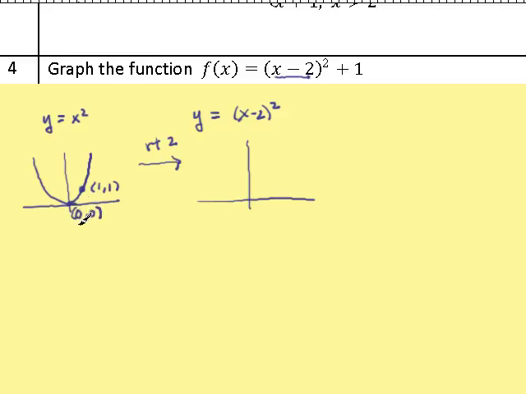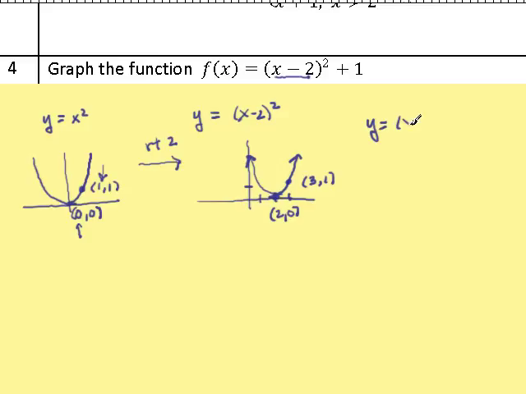That means we're adding 2 to these x coordinates. So 0, 0 goes to 2, 0. And 1, 1 goes to 3, 1. And then just more or less draw your graph. Okay, so that's y equals x minus 2 squared.